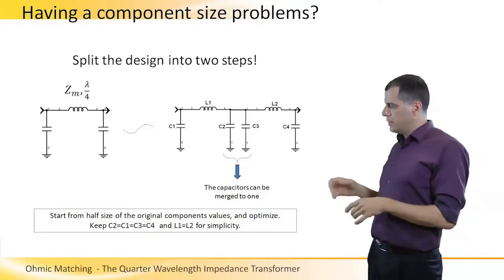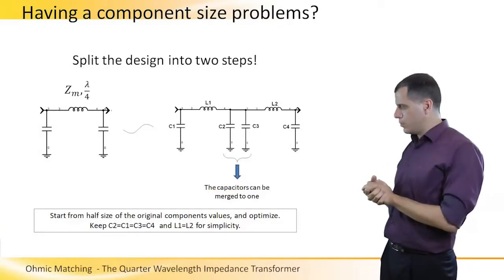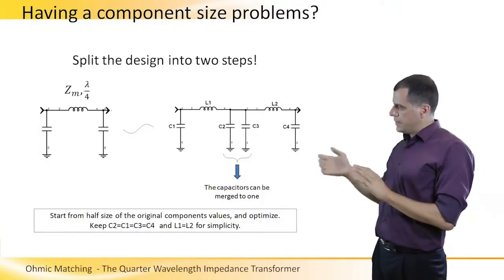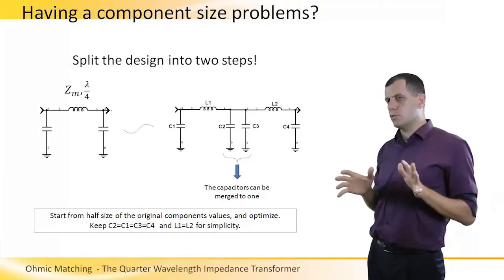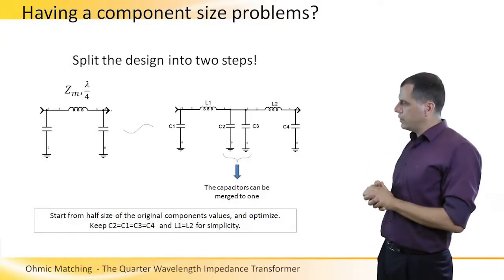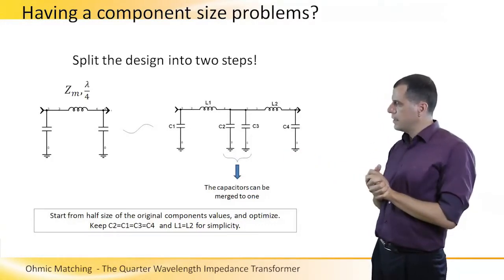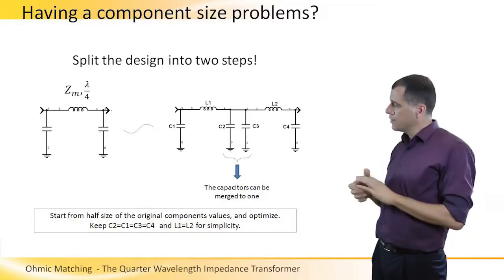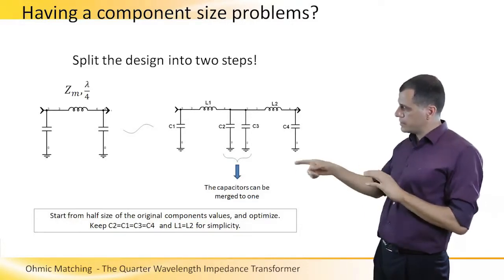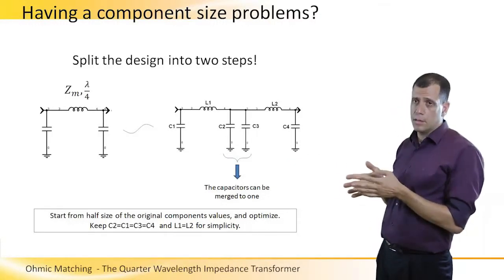So we said we calculate the formula using twice the frequency that we work with, and we place it in our location. It will be almost what we need. Then we make a very short optimization, and we will get values that are very close to what we have calculated. Of course, note that C2 and C3 here can be merged into one capacitor.